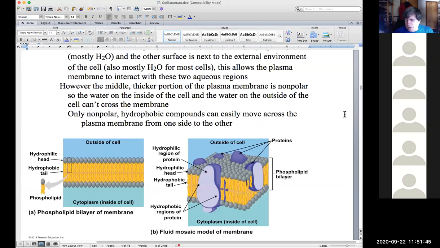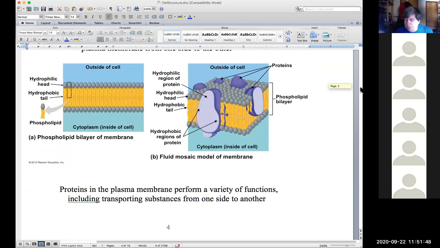Let's make this a little bigger because this is a tiny drawing. So some of the proteins go all the way through. Some of the proteins are stuck in one layer. Like notice this one is stuck in the outer layer.